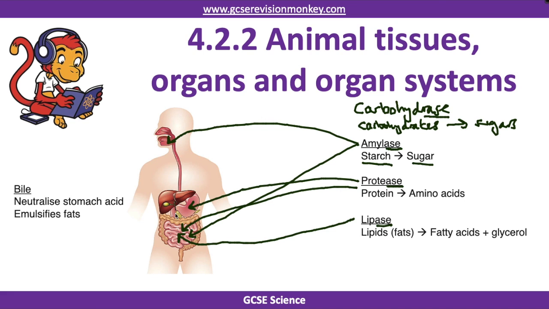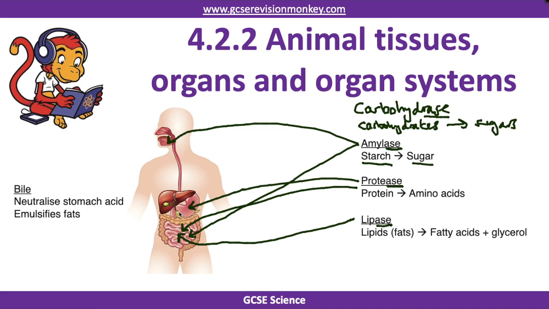So you'll see most of the digestion is happening in the small intestine because all three enzymes are working in there, breaking down the large molecules into smaller ones. Amylase breaks down starch into sugar, protease breaks down protein into amino acids, and lipase breaks down lipids, which are fats, into fatty acids and glycerol.